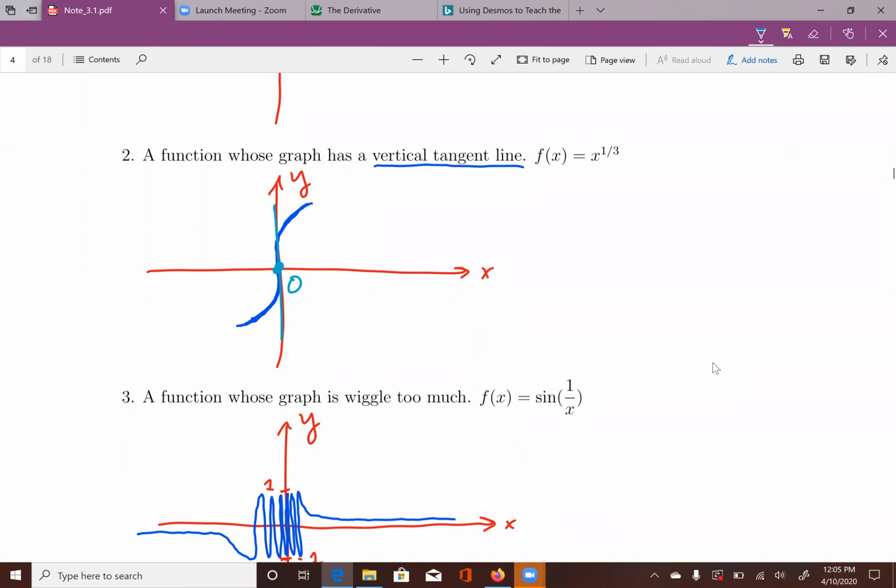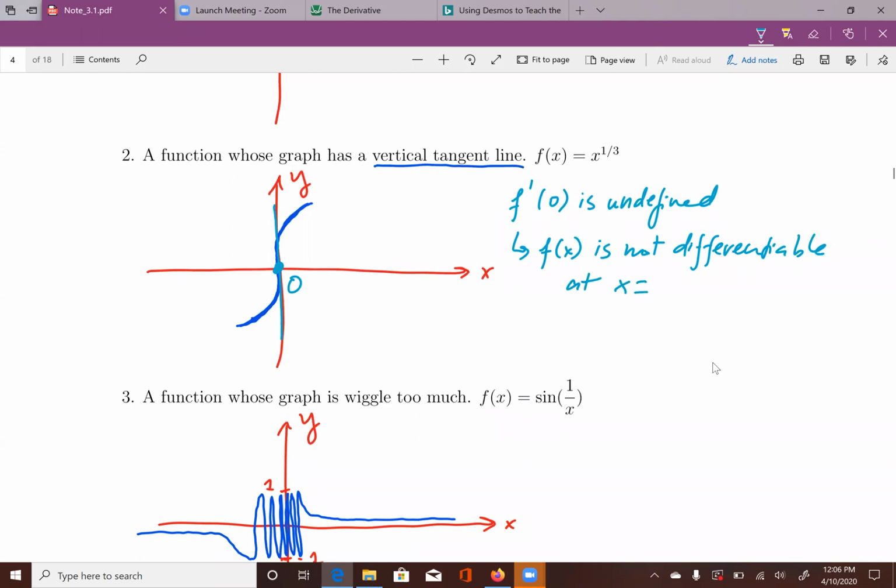So that's why f prime of 0 is undefined. In other words, f of x is not differentiable at x equals 0, even though f of 0 is defined and continuous.